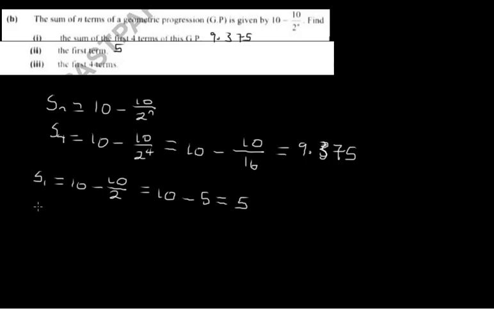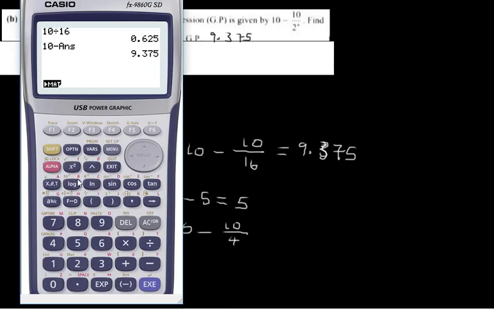So to find the second term, we'll simply say the sum of the first 2 terms is equal to 10 minus 10 over 2 squared, and this gives us 10 minus 10 over 4. 10 divided by 4, and 10 minus the answer gives us 7.5.